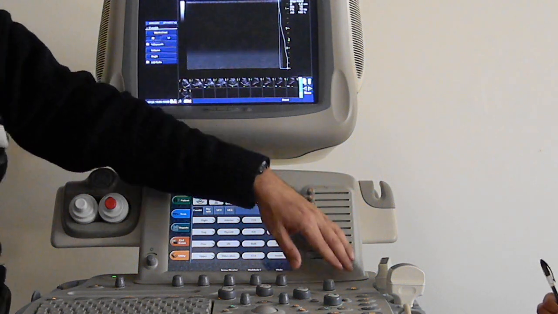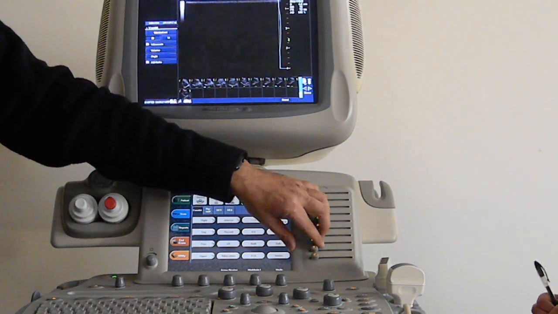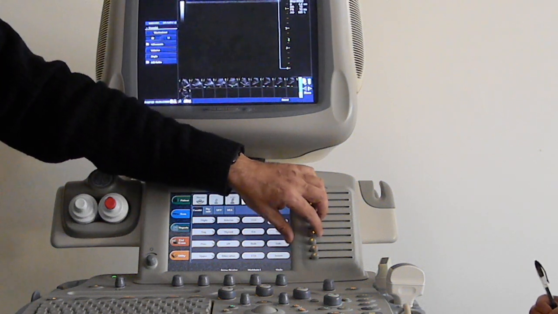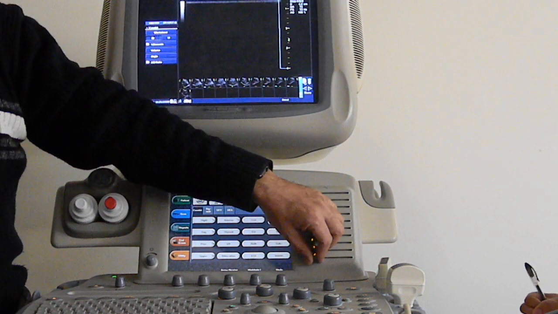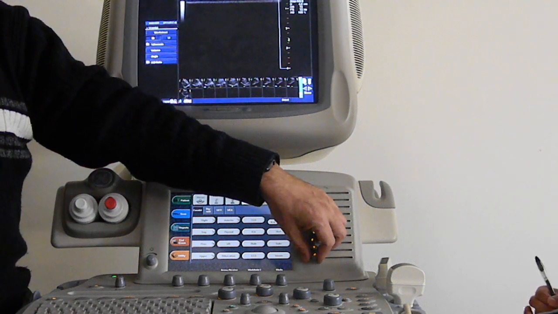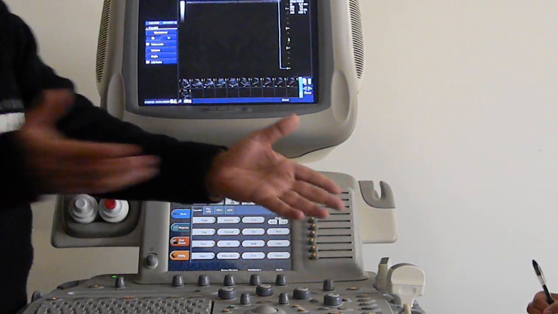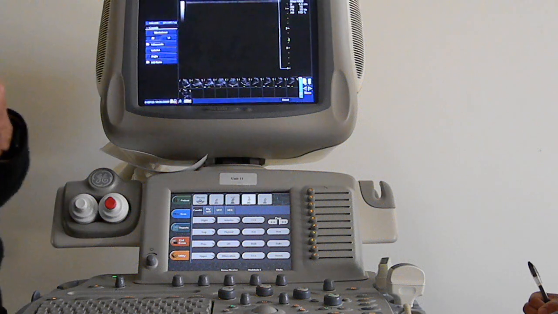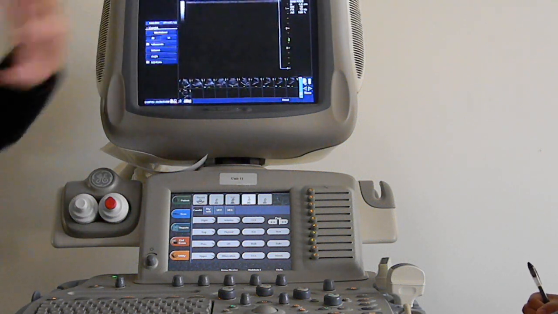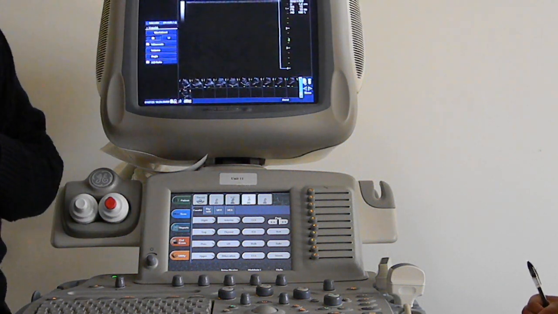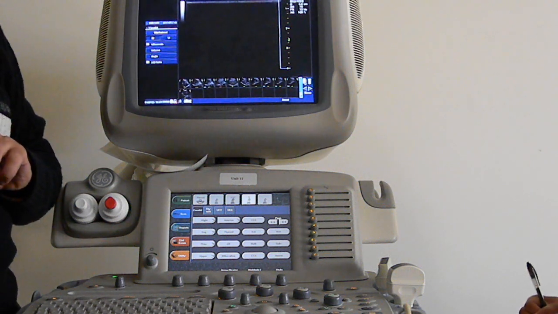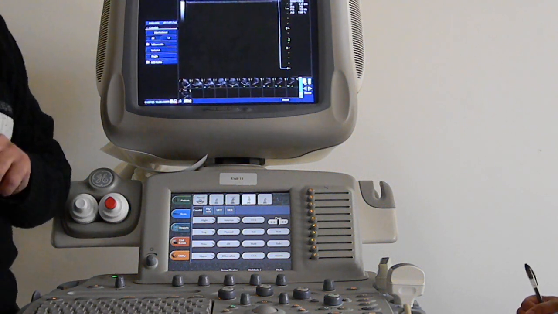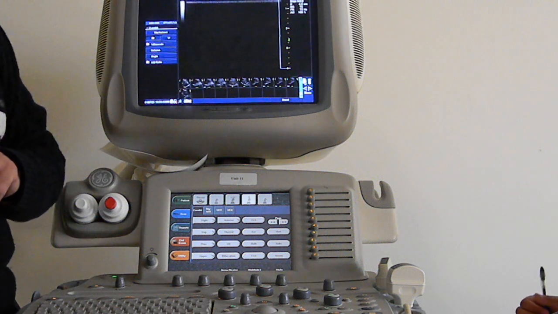So it enables you to cause an extra gain, or extra increase in the intensity of the sound waves that had reflected back, but at different depths. That's why, besides being called time gain compensation, it can also be referred to as depth gain compensation.